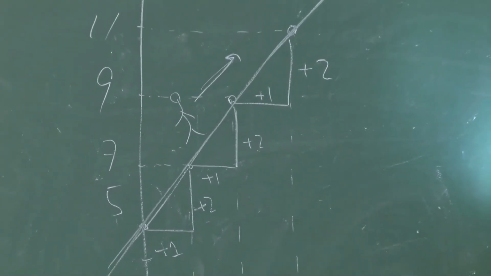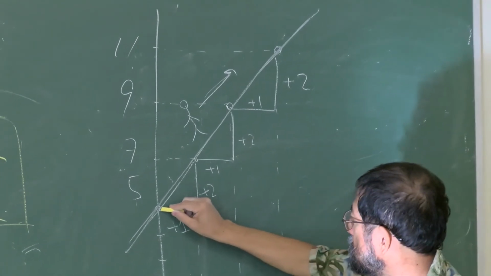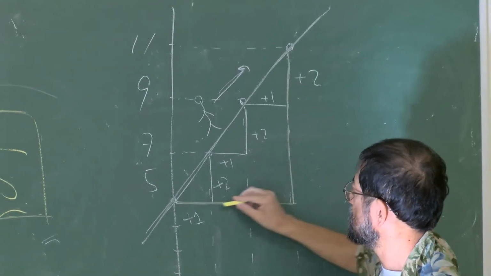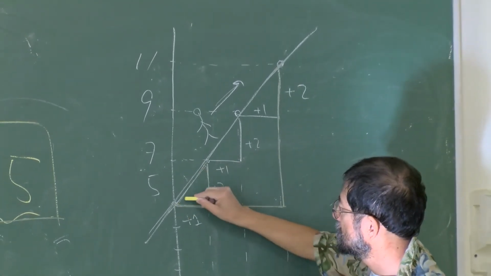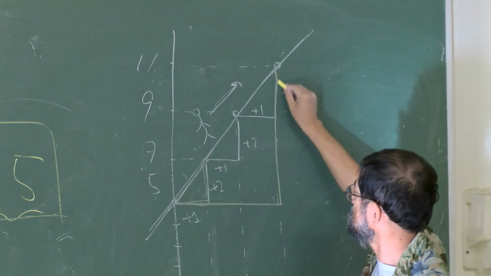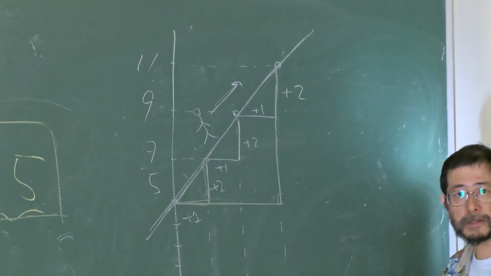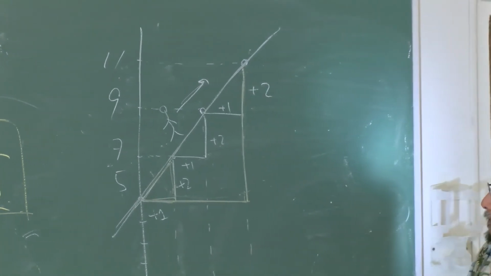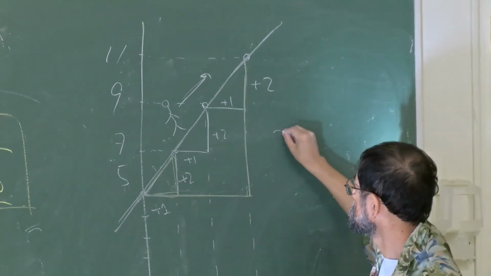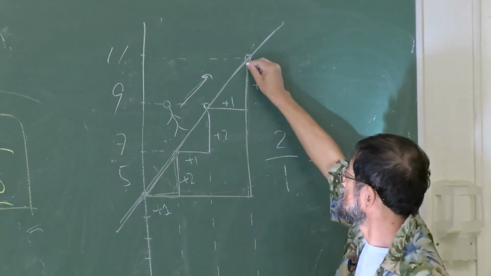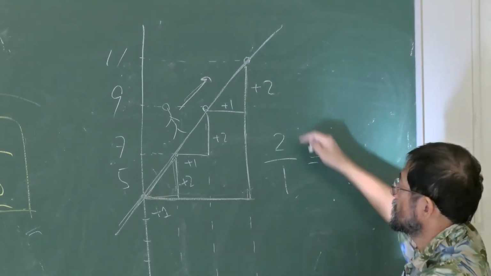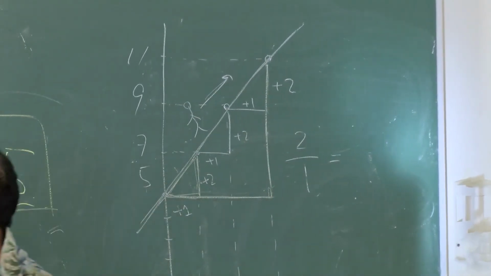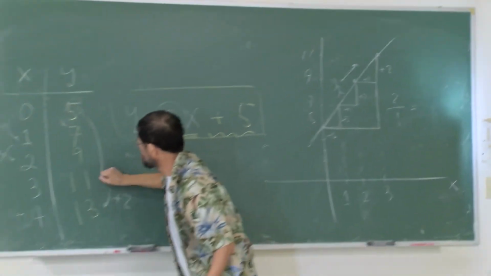Also, if you look at the bigger change like this, you see that this small triangle and this big triangle are similar. So this means that this proportion is always going to be equal. So for example, this is 2/1. But also if you look at this, the change in this table is 5 to 11.